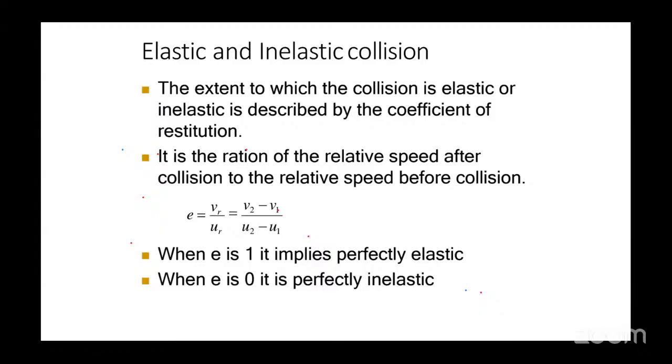So the difference between the final speeds over the difference between the initial speeds is what our coefficient of restitution represents. And if the coefficient of restitution is equal to 1, it implies a perfectly elastic collision. And if it is 0, it is a perfectly inelastic collision.